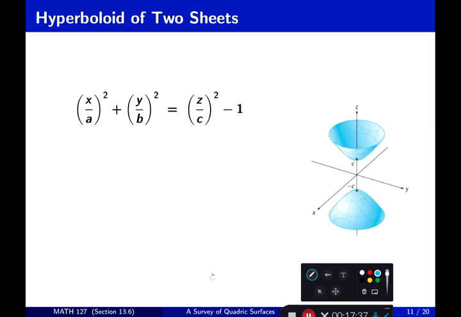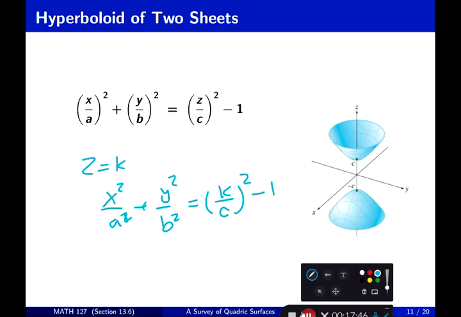Again, you set z equal to a constant to find the cross sections that are horizontal, and you realize that if the absolute value of k is bigger than or equal to c, you get values.